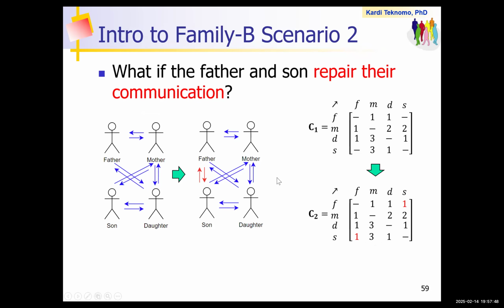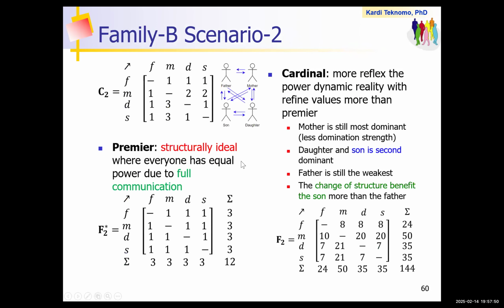Then we compute. Of course, the Premier network becomes structurally ideal. Everybody has equal power, full communication. This is what the actual communication should be like in terms of Premier. Based on structure alone, this is good.